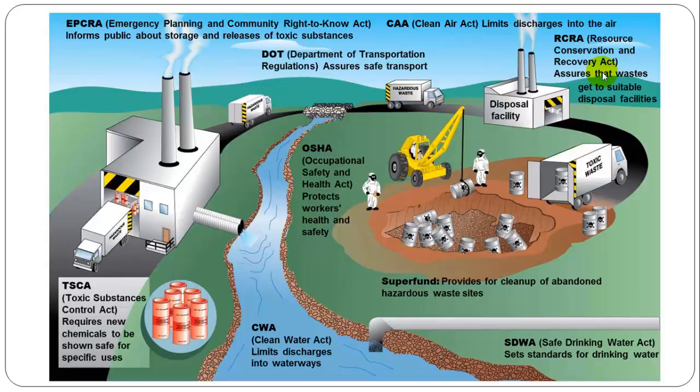Superfund provides cleanup. The Safe Drinking Water Act keeps these things out of our water, as does the Clean Water Act. And then we have the TSCA, the Toxic Substances Control Act. It requires chemicals to be labeled properly, and that label is also a representation of the law and how they should be handled. Okay, that's it for pollution.